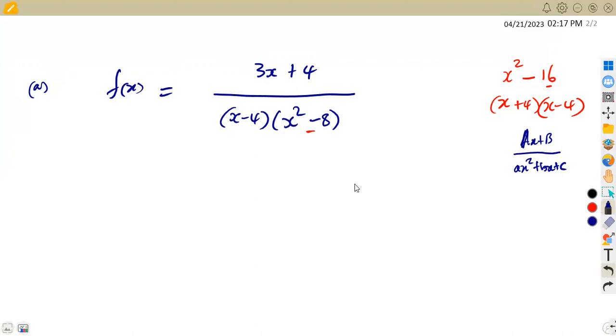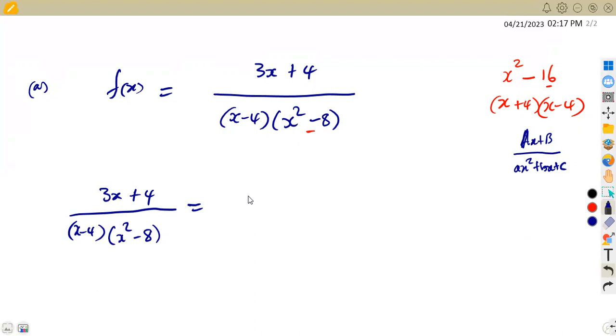So that means in this case, we are going to have our f of x. Let me just write this separately so that I do not confuse you guys. I'm just going to write this part as it is. So it means that 3x plus 4, everything in this case, we are going to divide by x minus 4 into x squared minus 8.